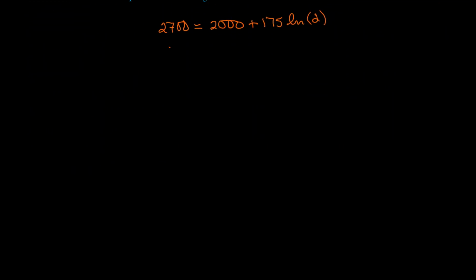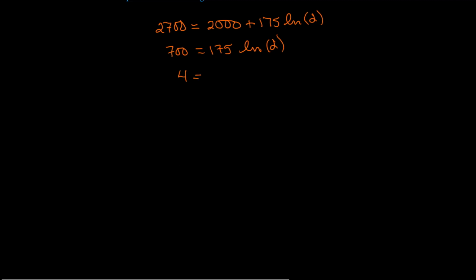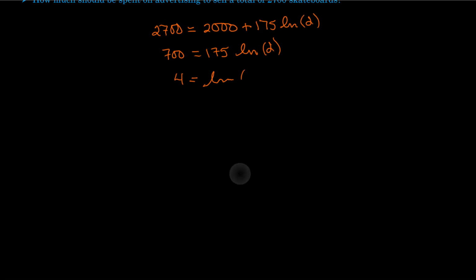Subtracting 2,000, we get 700 is equal to 175 ln of d. If we divide both sides by this 175, we wind up with 4 is equal to ln of d. Now, I want to apply the inverse of natural log.